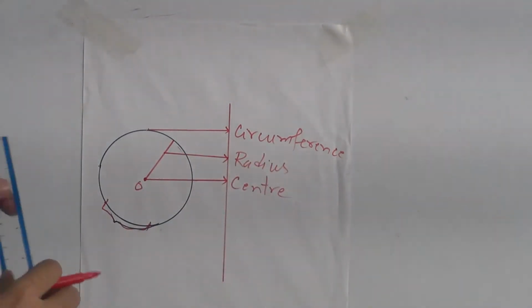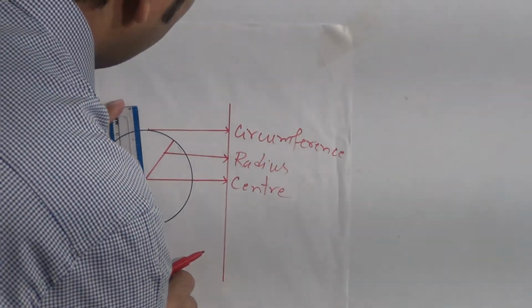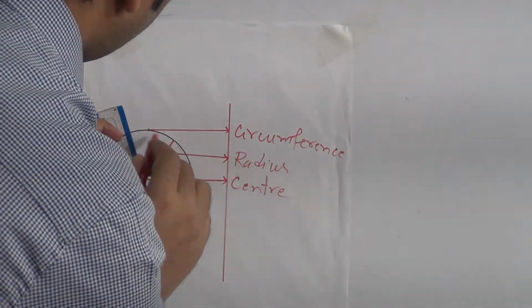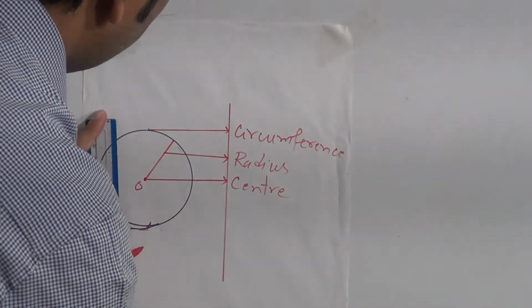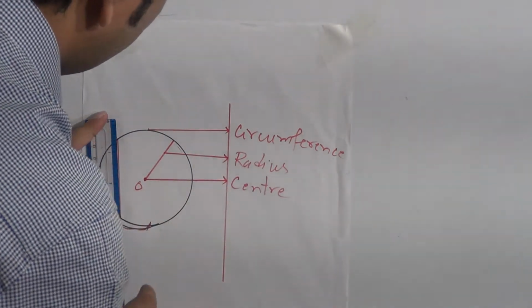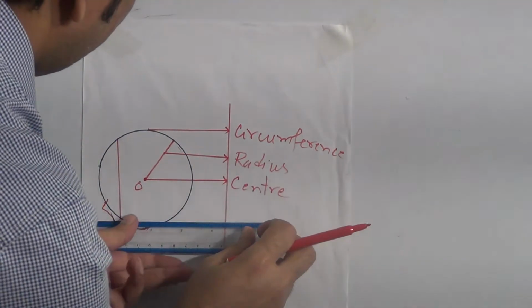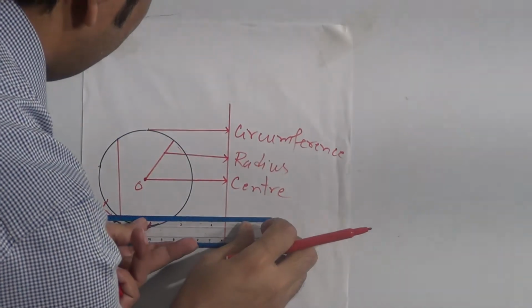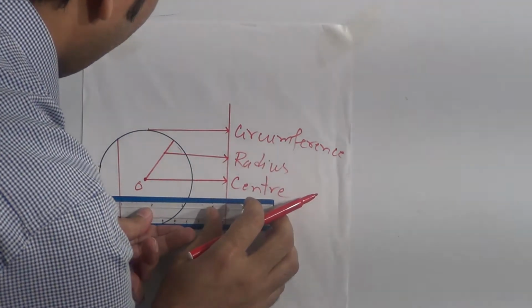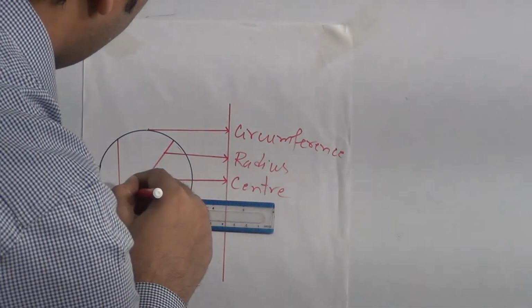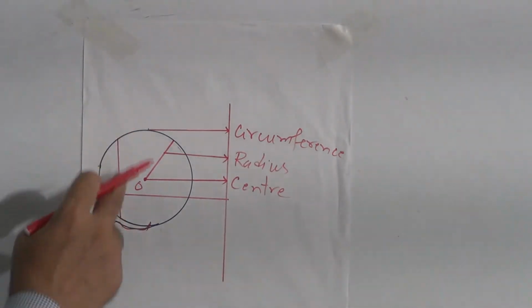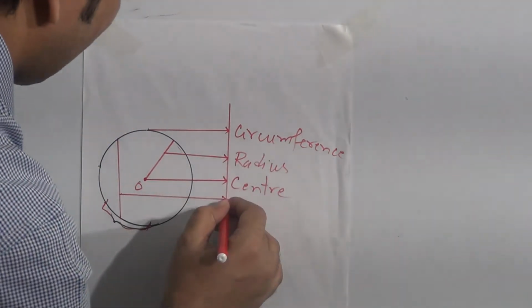The students, now I want to show a line, this line. A line joining any two points on the circle is known as chord.